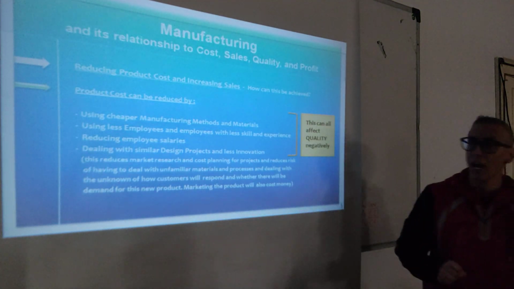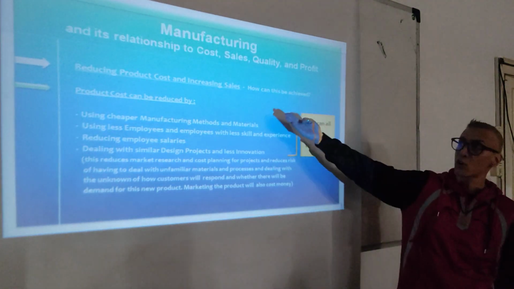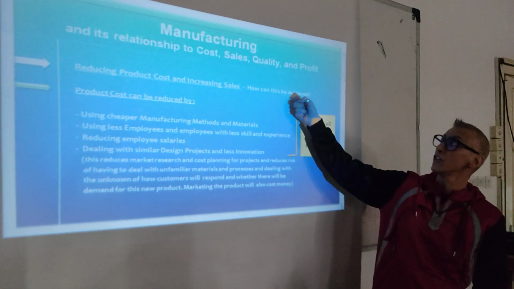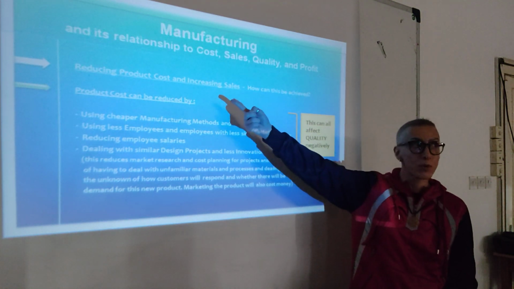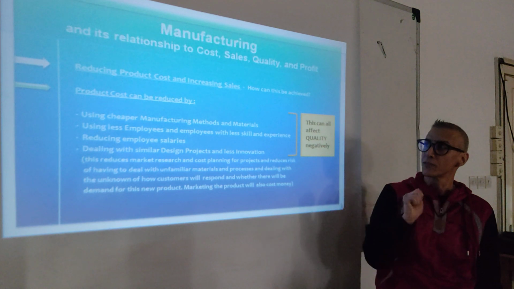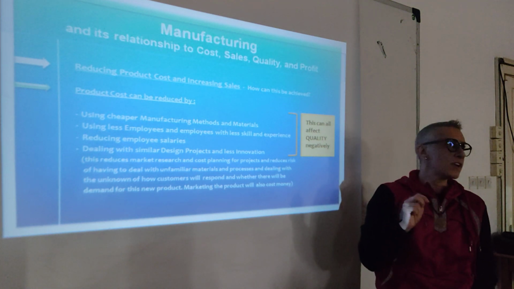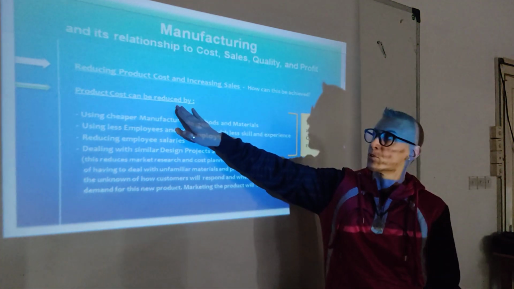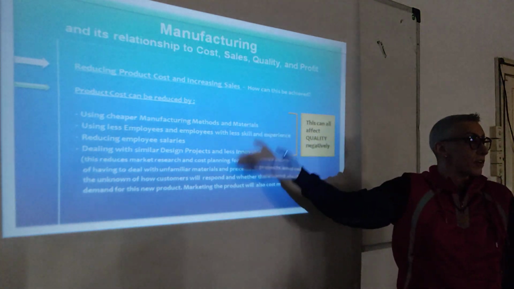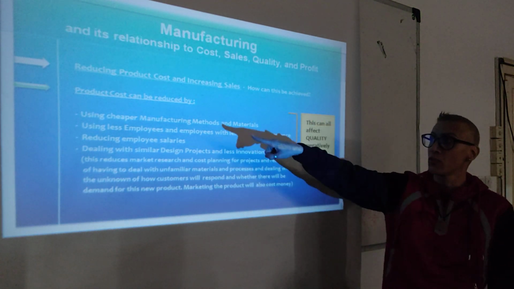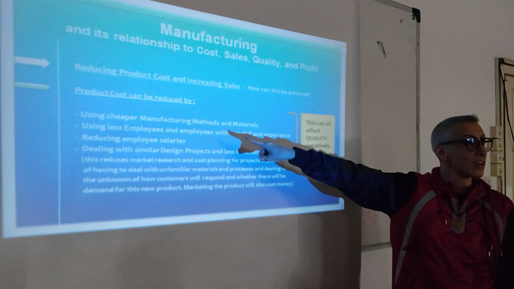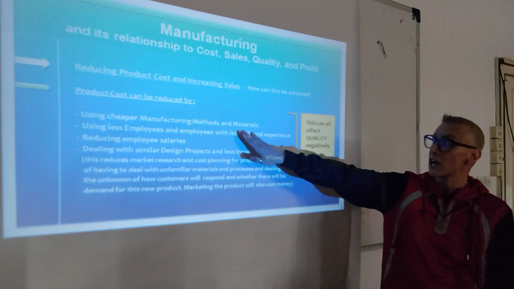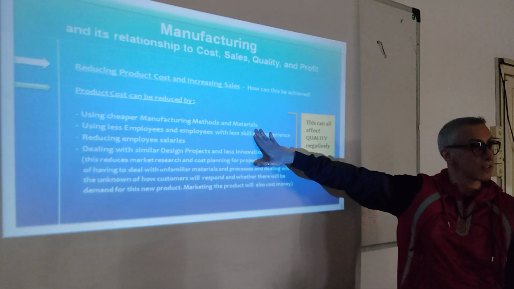Now, how can this be achieved, to reduce product cost and increase sales? Companies can reduce product cost in several ways. One of them is using cheaper manufacturing methods and materials.